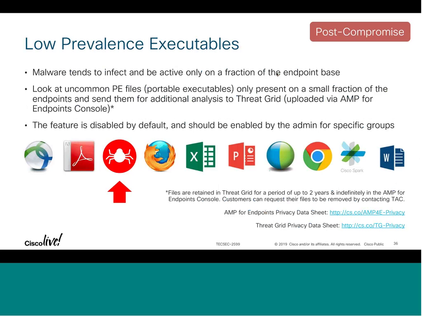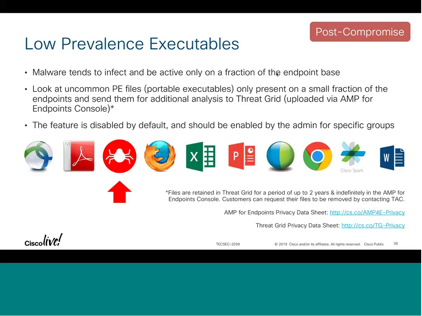Uncommon executables, PE, Windows only, because that's pretty much all you have a chance to get anything back from ThreatGrid for right now. If you have unusual, not commonly seen files that show up on one or two endpoints, you can use the low prevalence logic, if you enable it, to automatically submit those oddball files to ThreatGrid for analysis.